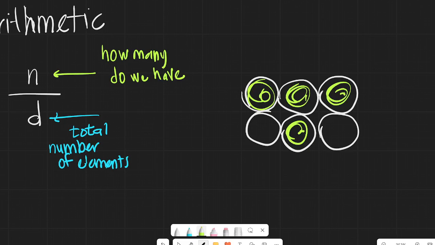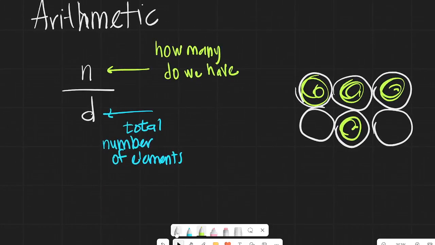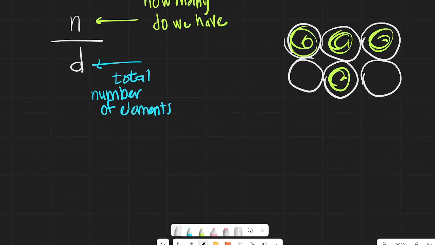Well, to figure out this number n, we basically just count the green ones. And so n is 4, right? 1, 2, 3, 4. Okay, d, the total number. Well, we know it's a 6-pack, right?